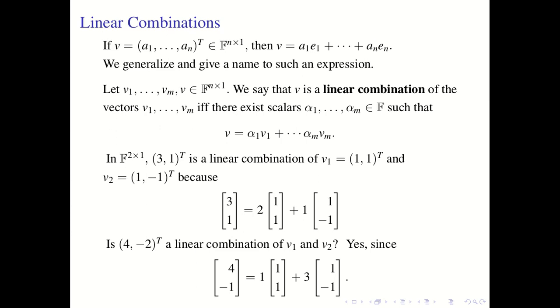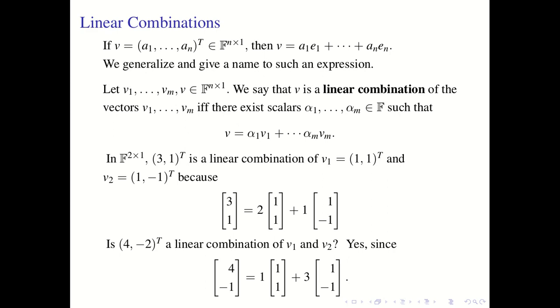If you take a vector a1 up to an in Fn, then you can write this vector as a1 e1 plus etc. an en, where ei is the vector in Fn with 1 at the ith position and 0 everywhere else.